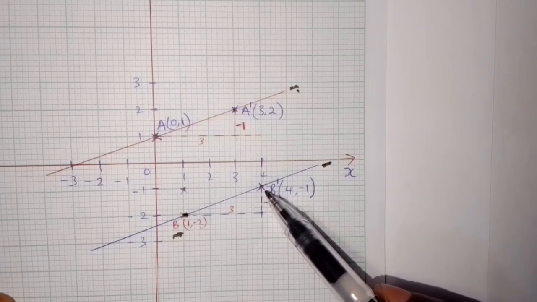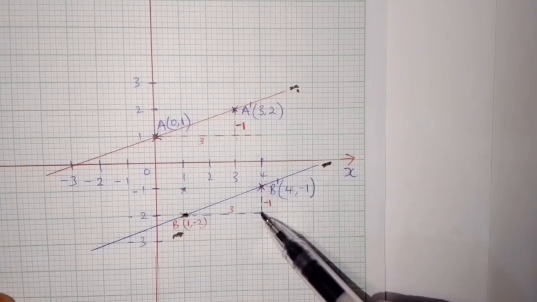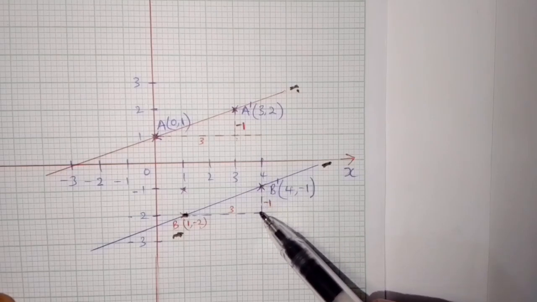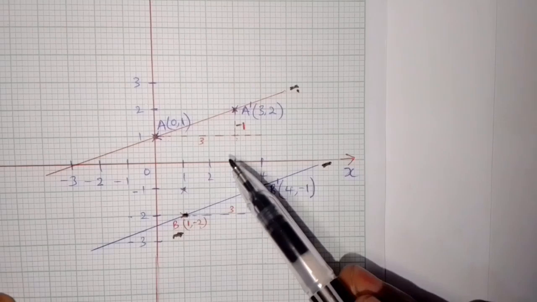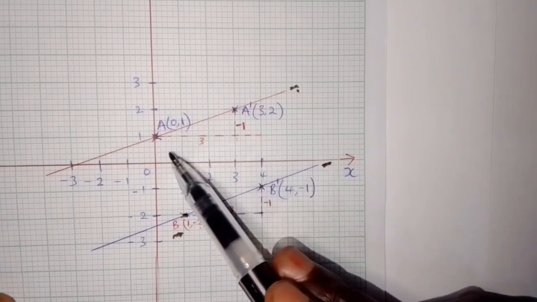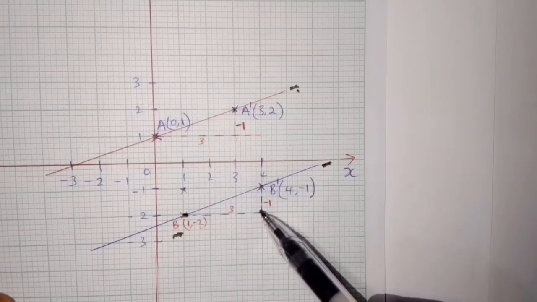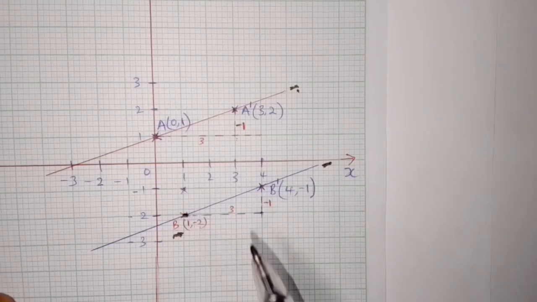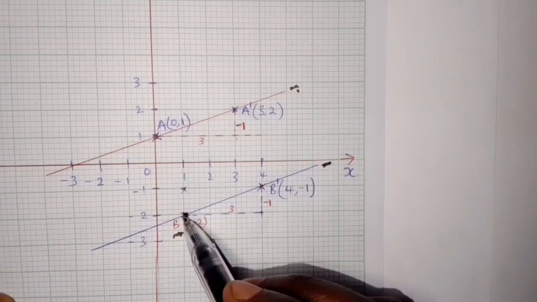So we move 1 point down, that is vertically, on the y-axis. Then on the x-axis we move the same way we have moved 3 points here. So it is 1, 2, 3, and it is going to give us this point here.